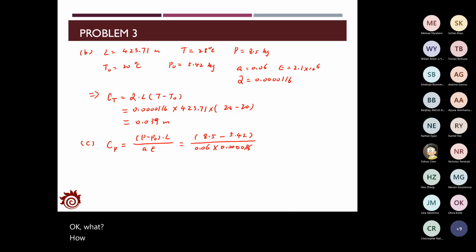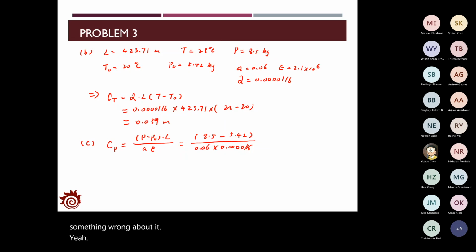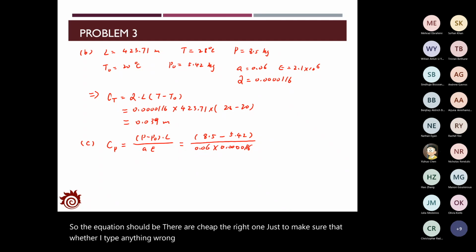let me just make a quick calculation about it, just in case I introduced something wrong. No problem. Let me quickly check it. The equation should be the right one. I just want to make sure whether I typed anything wrong in the calculator.